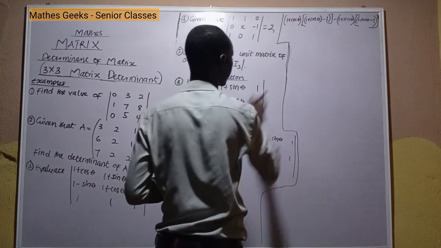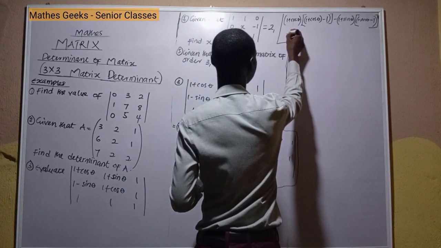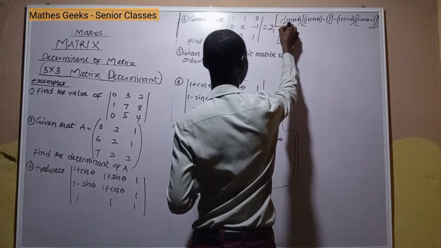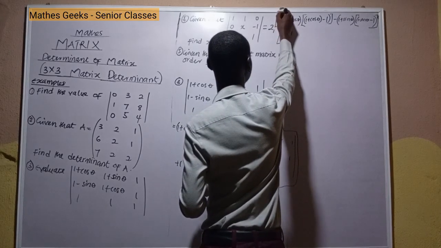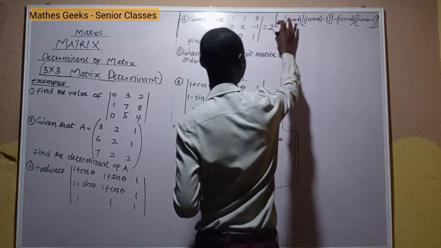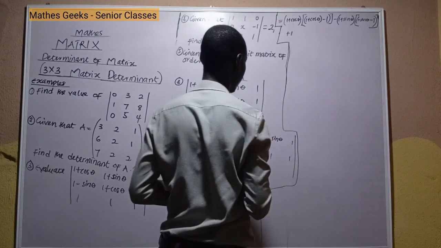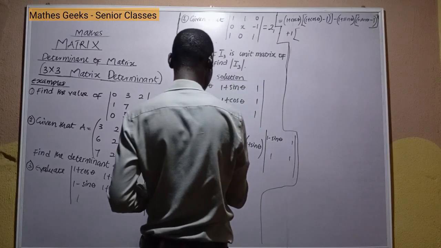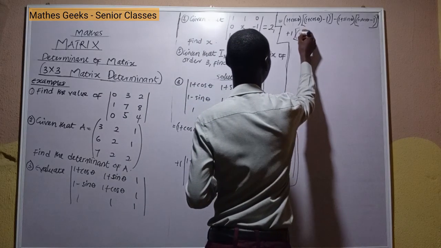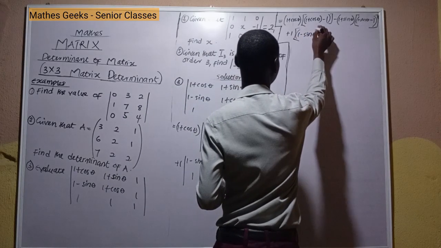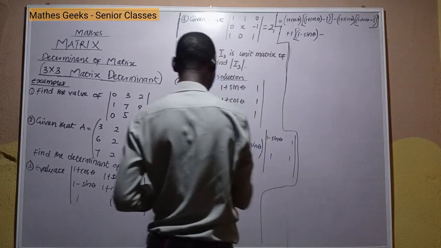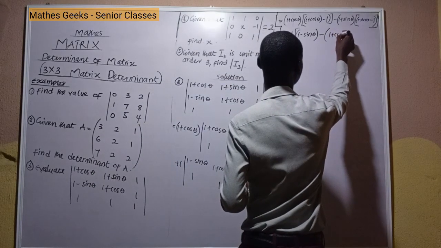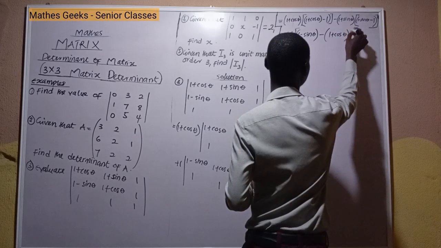And this side plus 1, plus 1, plus 1. 1 minus sin theta times 1 is plus 1 minus sin theta, minus 1 plus cos theta times 1 minus 1 plus cos theta.